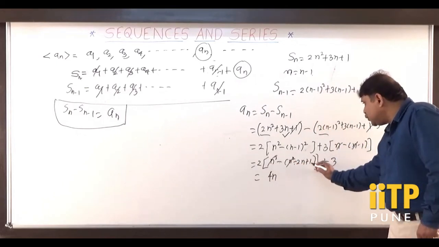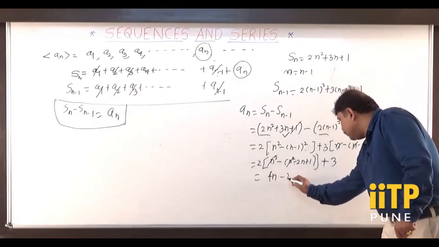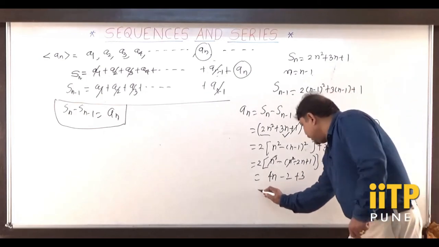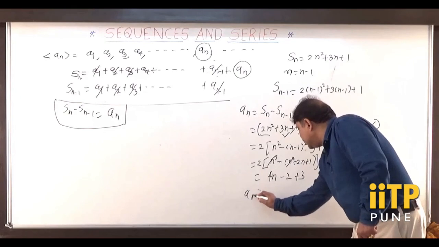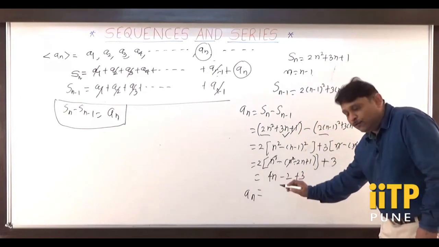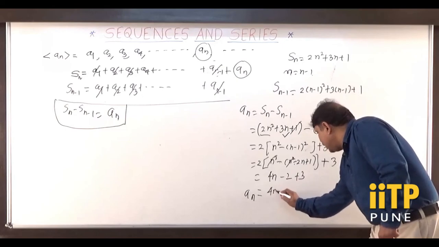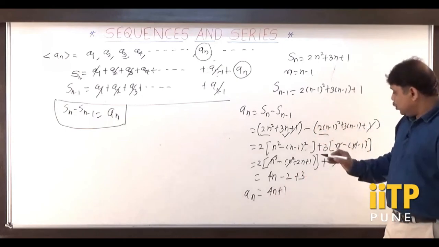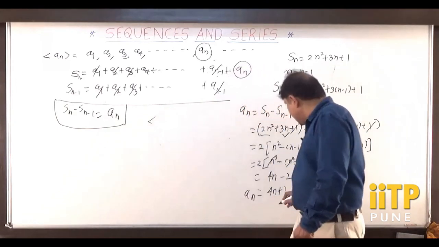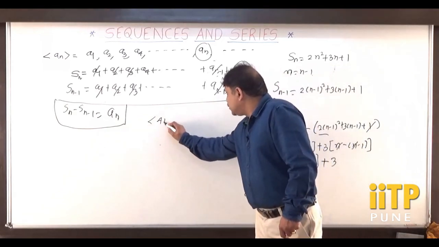This is minus 1 multiplied by 2, which is minus 2, and this is plus 3. So the nth term of the sequence is 4n, and 3 minus 2 is 1. So this is 4n plus 1. So an, that is the nth term of the sequence, is 4n plus 1.